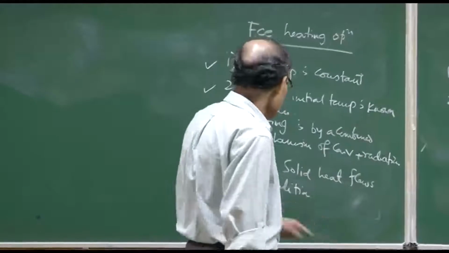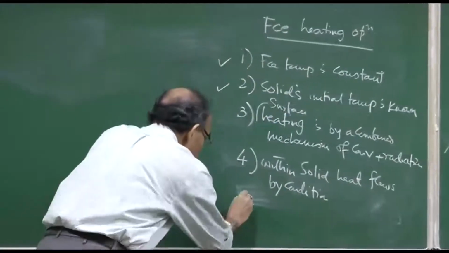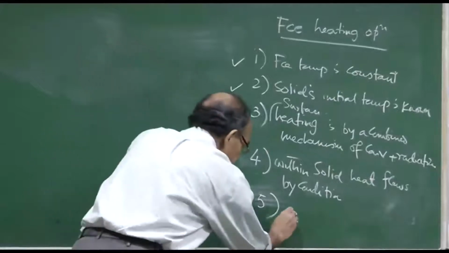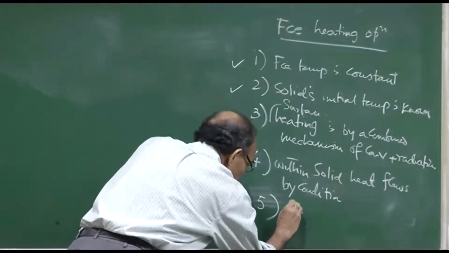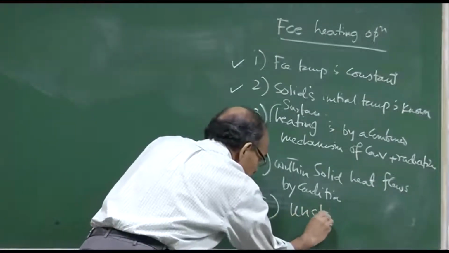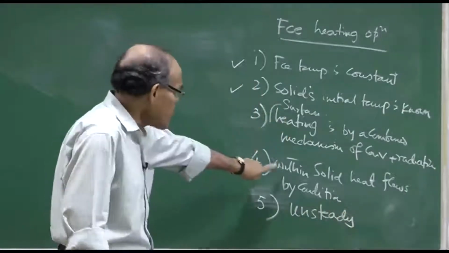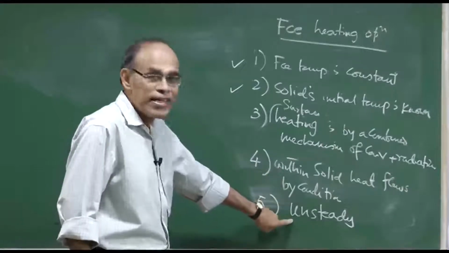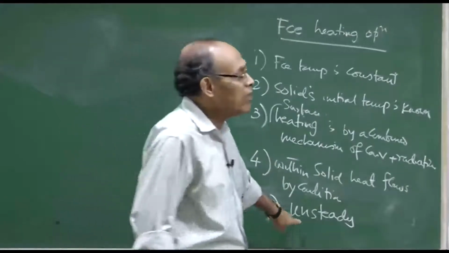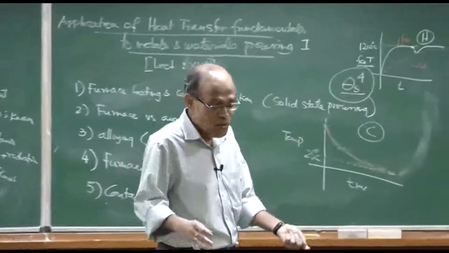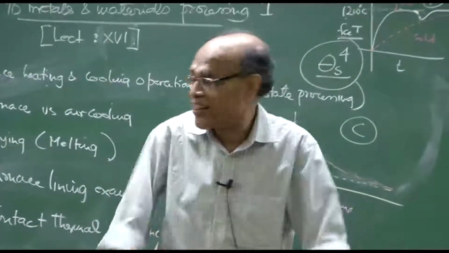The heat transfer takes place by conduction, and we understand that it is unsteady because the temperature is changing as a function of time. So it is a conduction heat transfer, an unsteady heat transfer. Now, you can make simplifications depending on whether it is an infinite cylinder, 2-dimensional, or 3-dimensional.